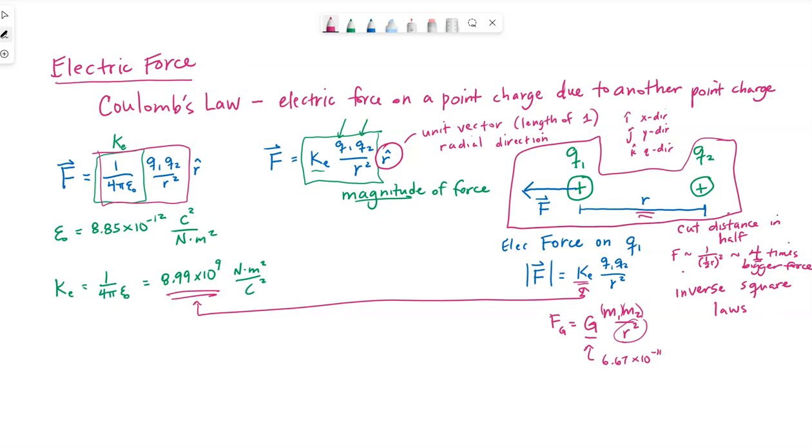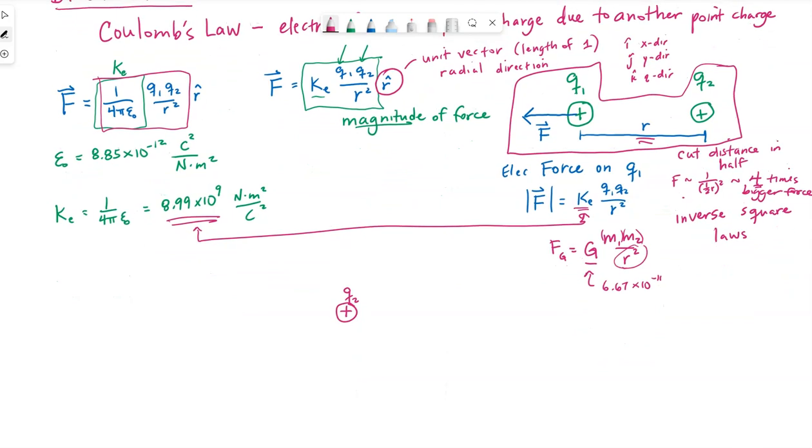If you want to think of it this way, if Q2 was in this central region, I could put my Q1 not only to the left like I have above, but I could put it up at an angle, I could put it directly above, I could put it directly below, some angle over here.